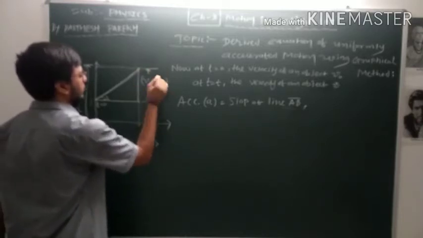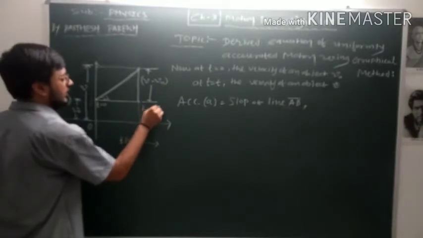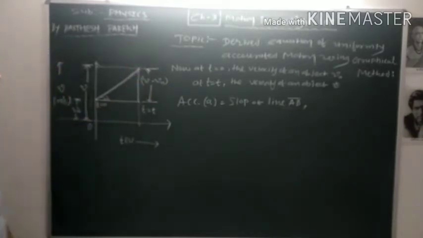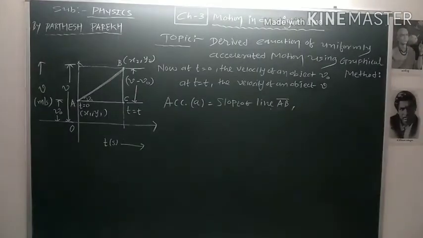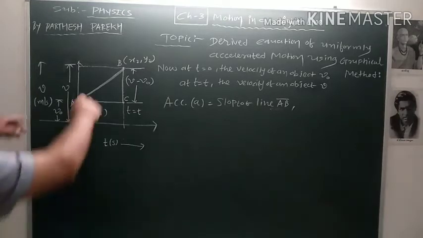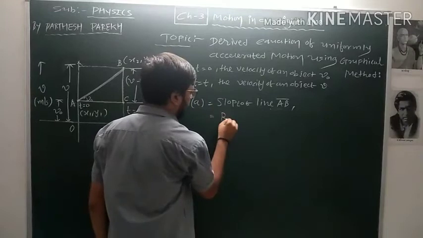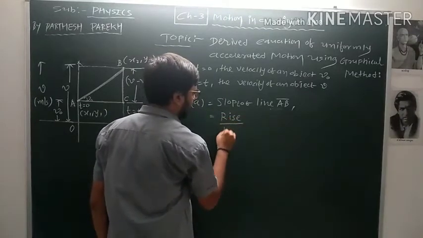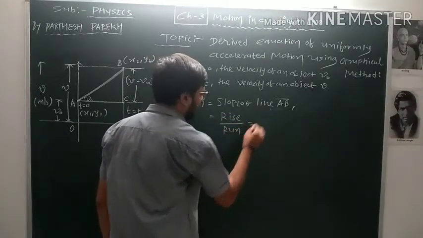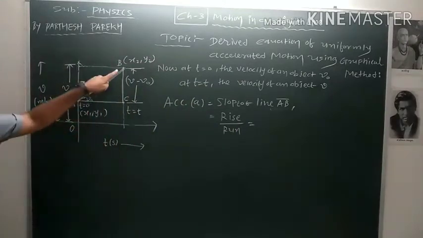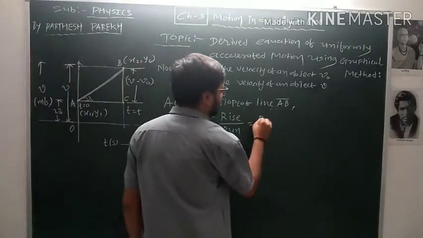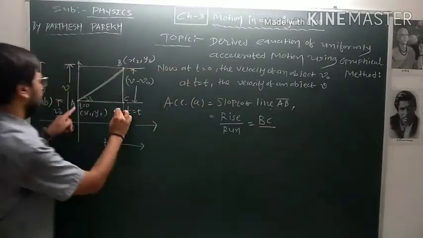Students, you know the formula for the slope of line AB: rise over run. Here rise is BC and run is AC.